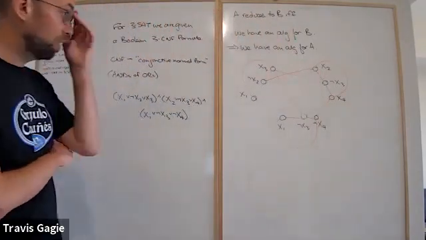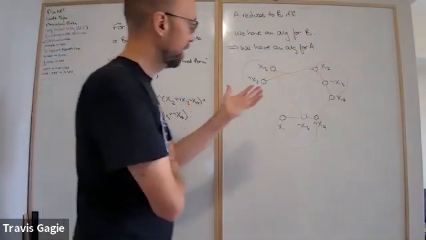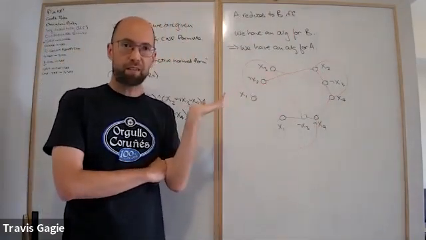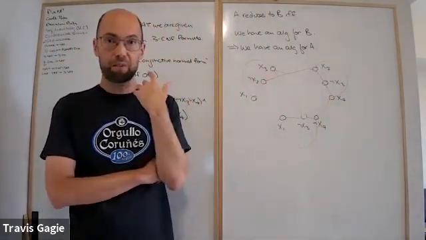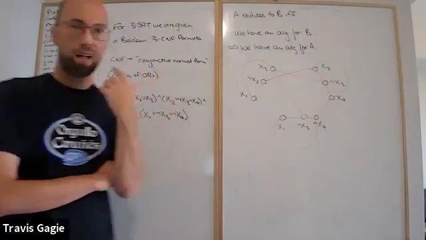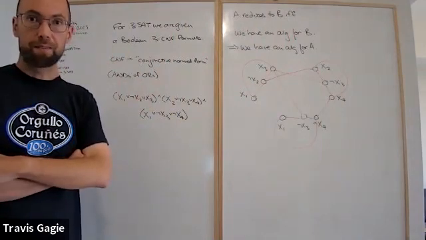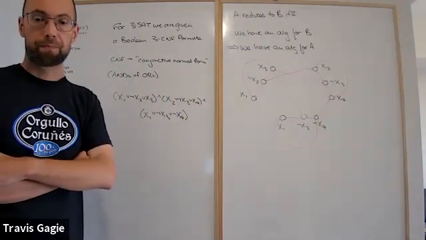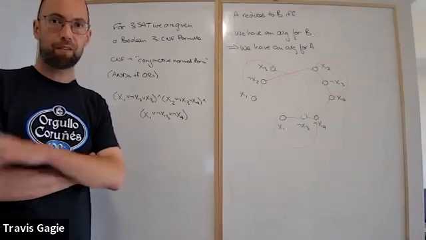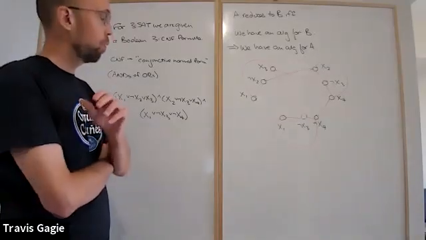Okay, so now I'm going to argue that if there is an independent set of size k, where k is the number of clauses, then there is a satisfying truth assignment. Okay, so that's what we want to argue. Why is this true?